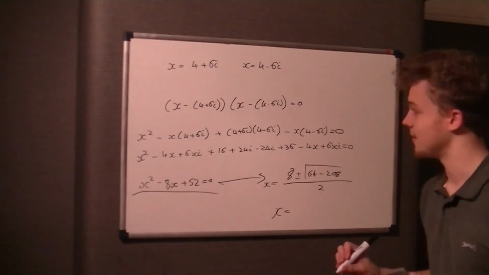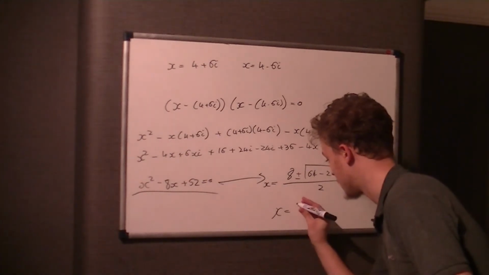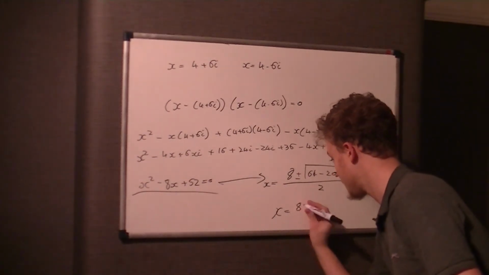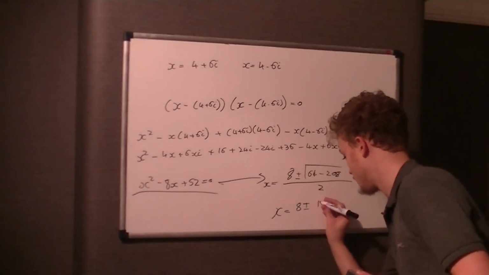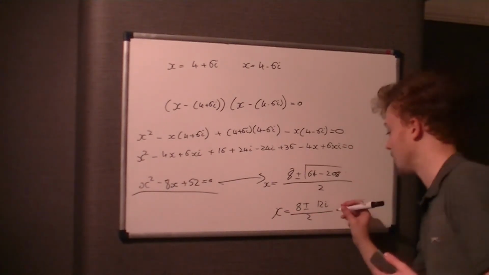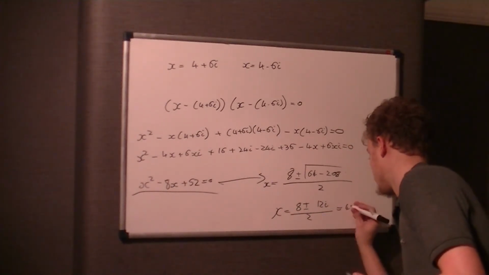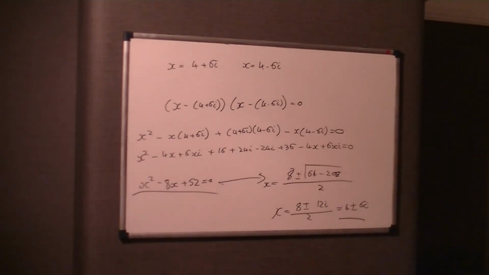Might, he says, rather incompetently. So that is 8 plus or minus the square root of minus 144, which is plus or minus 12i, over 2. So x equals 4 plus or minus 6i, which is what we got up there.